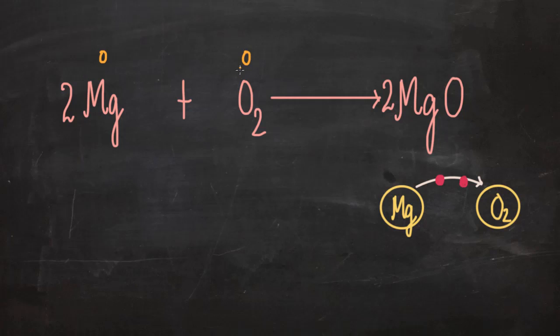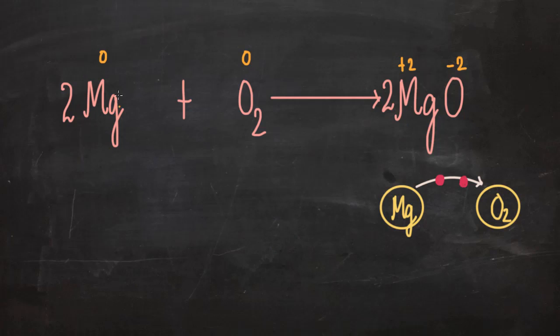It again has no charge on it. Magnesium oxide is an ionic compound. So it is composed of ions. Oxygen has a charge of -2. This is oxide ion. Magnesium has a charge of +2. This is magnesium ion.